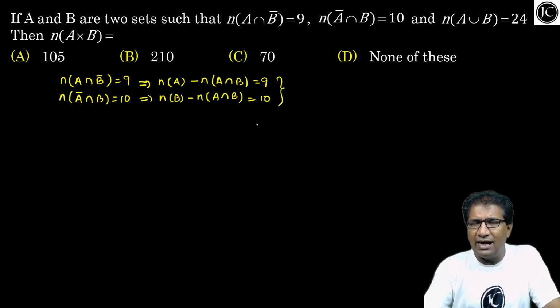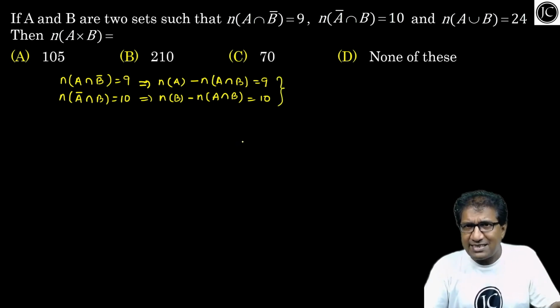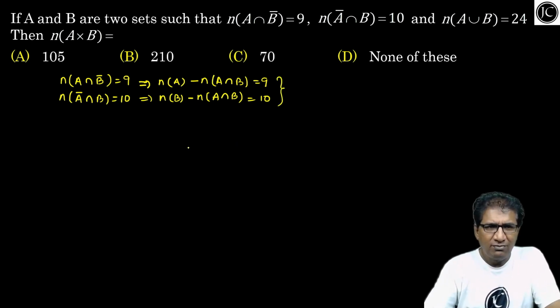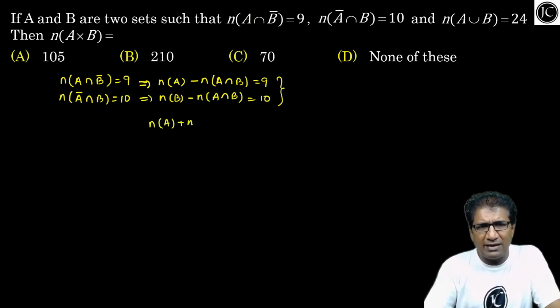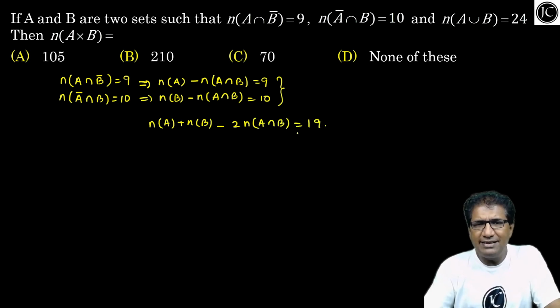This we have all done in the sets lecture. Now, if we add these two, we get n(A) plus n(B) minus 2 times n(A intersection B) is 19.